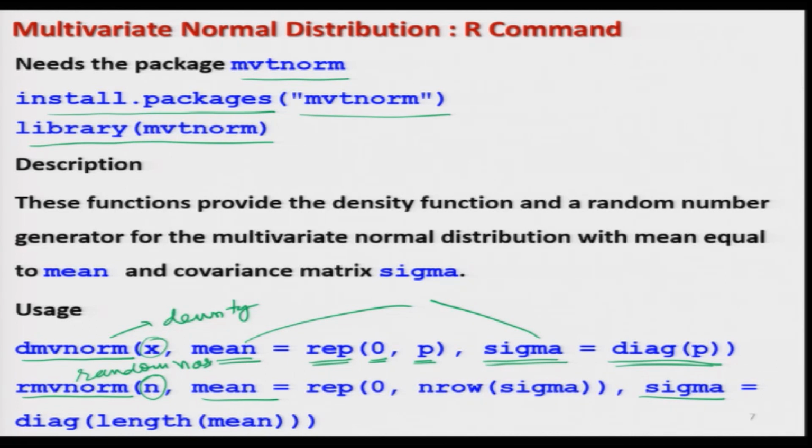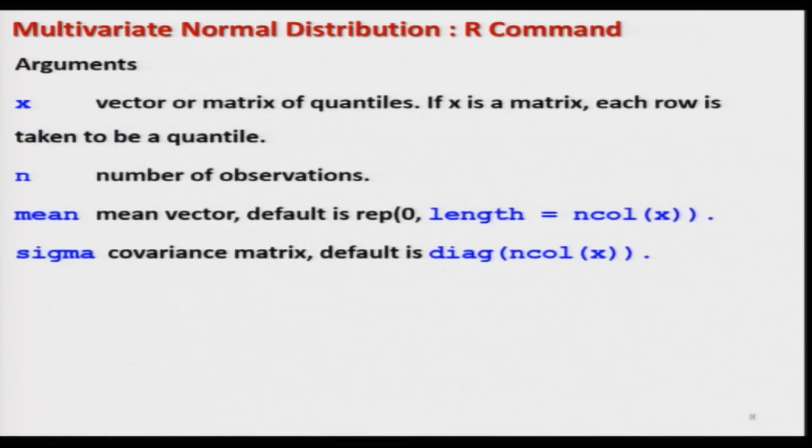Just for the sake of simplicity, I have given the mean as 0 for all the variables, and sigma is a diagonal matrix of the order of the length of the mean vector. Right. So, let me explain these things. x here is the vector or matrix of quantiles, n is the number of observations, mean is the mean vector, and sigma is the covariance matrix.